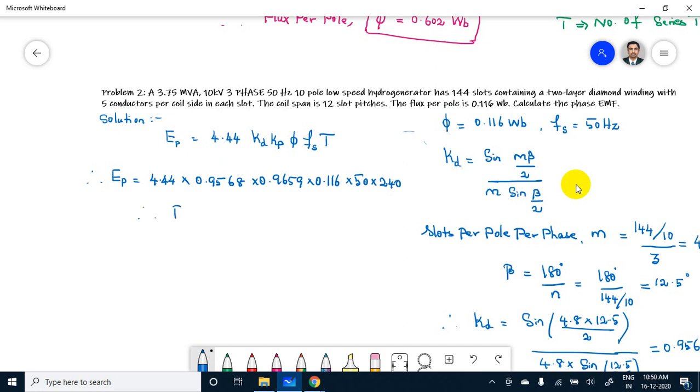Therefore Ep equal to 5712 volt. 5712 volt. Any doubts?